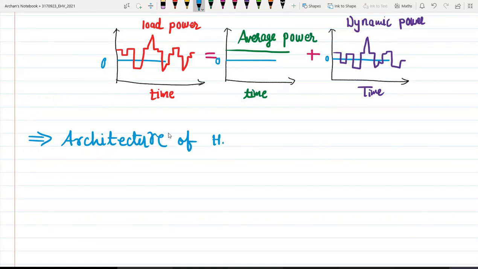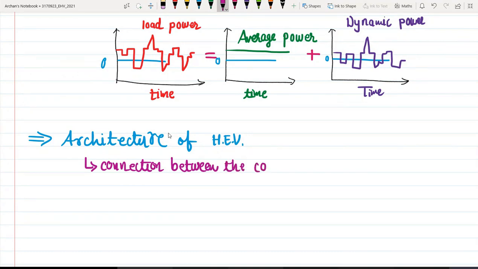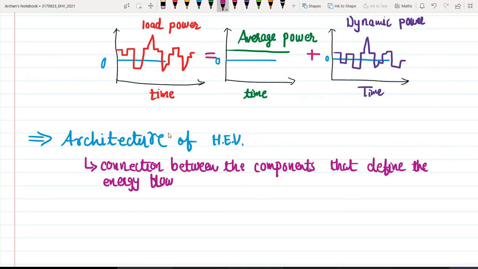Architecture of hybrid electric vehicles is nothing but the connection between the components that define the energy flow routes and control port.